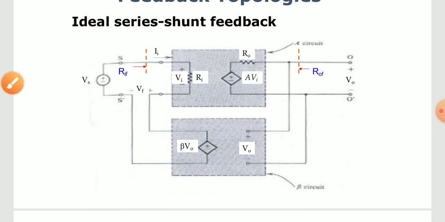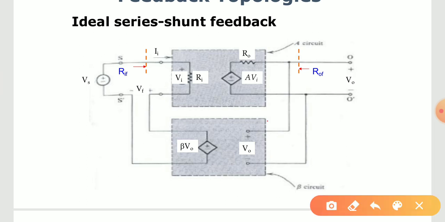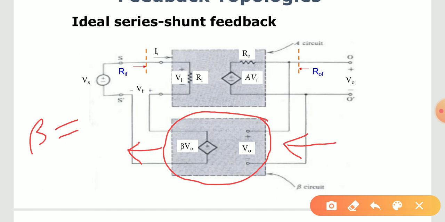Okay, so again I just repeat so that it will be easy to understand. If you are able to identify a single one, then obviously the other one is also easy to clarify. So again I repeat, this one is the feedback circuit. Here the right hand side is the input, and this one is the output. And we know that beta is defined as the amplification factor. For the amplifier it is defined as output by input.